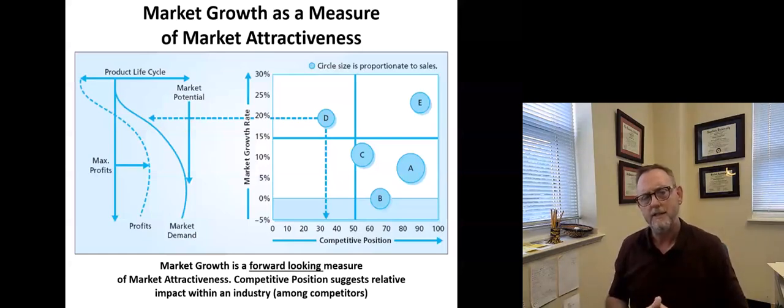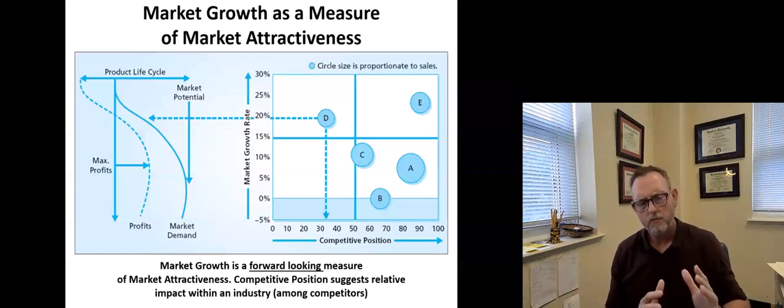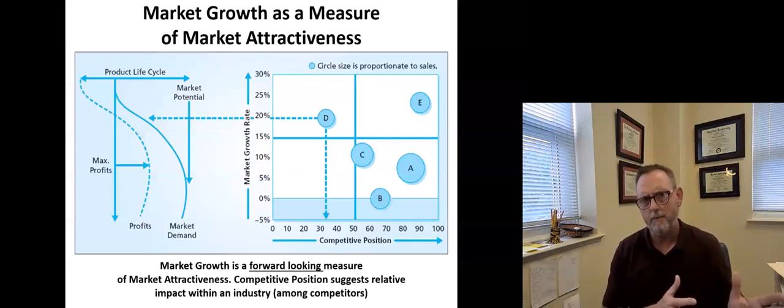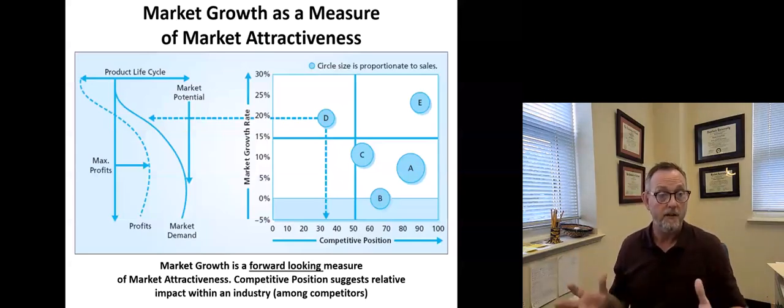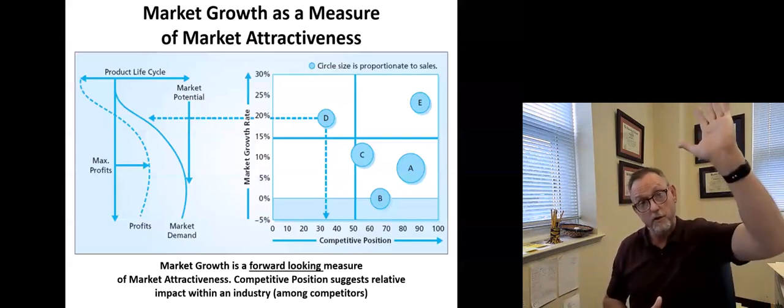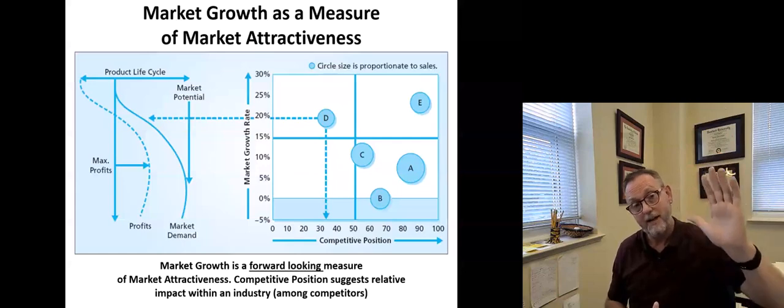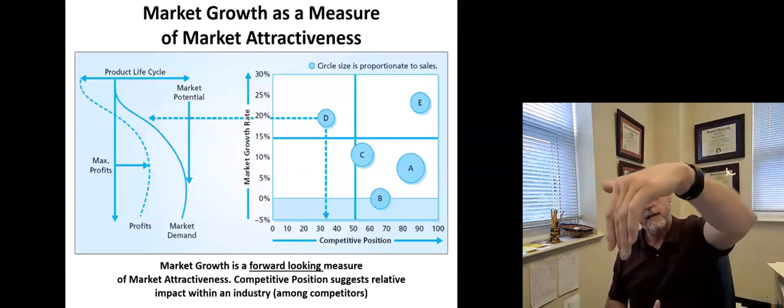Now, looking at this and kind of combining these two things, the market growth rate maps to and is in kind of correlation with the product life cycle chart. Products that are in the early stages of the product life cycle have a much higher growth rate. Their curve is going up sharply, right? Remember that? But then it flattens out and then becomes negative.